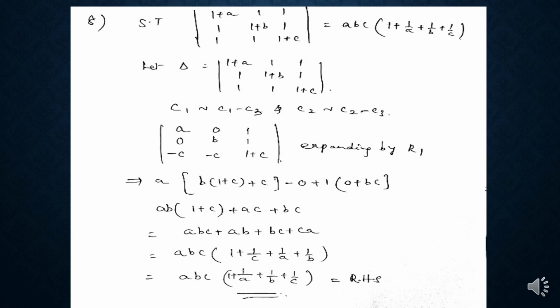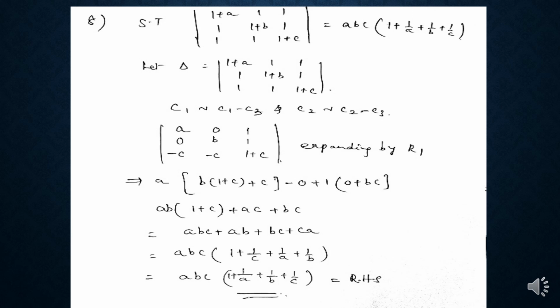So here we will get ab plus abc, ab into 1, that is ab, plus abc plus ac, abc plus ab plus ac plus bc.